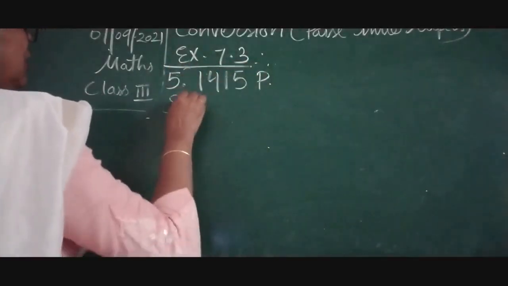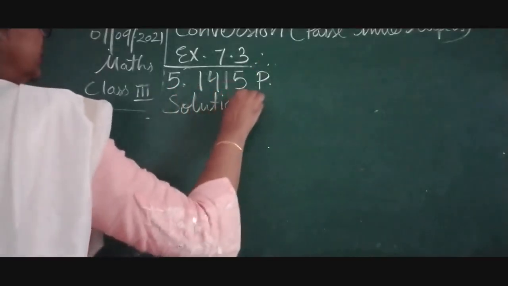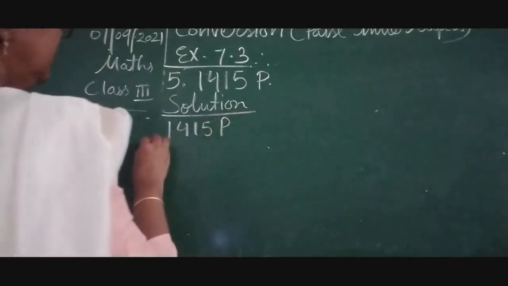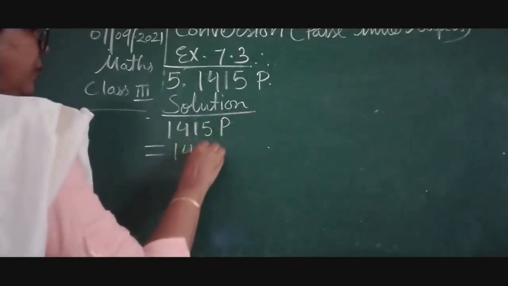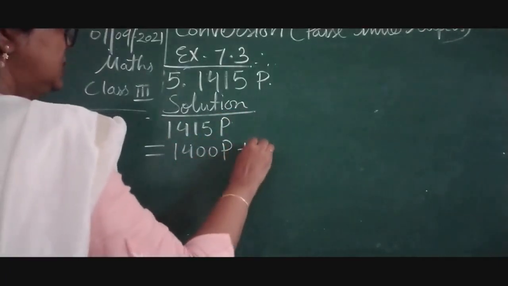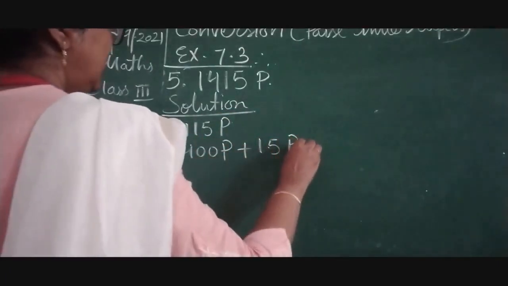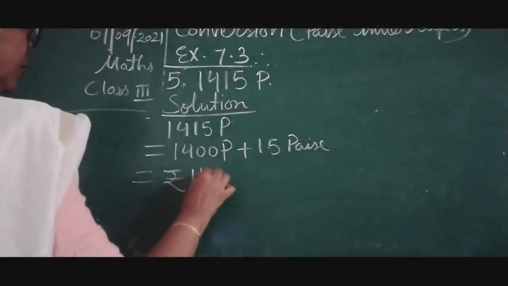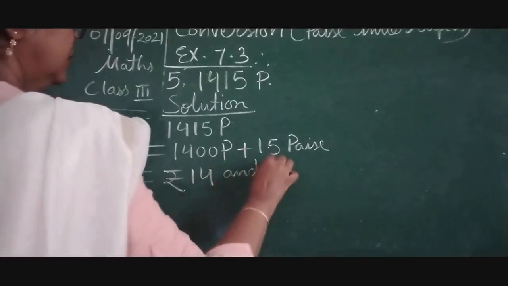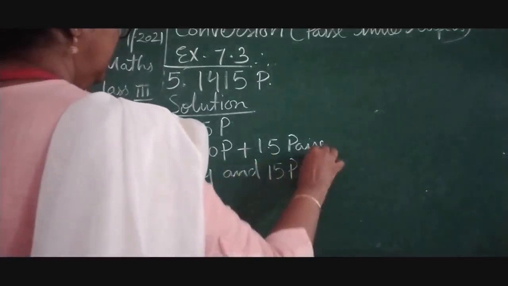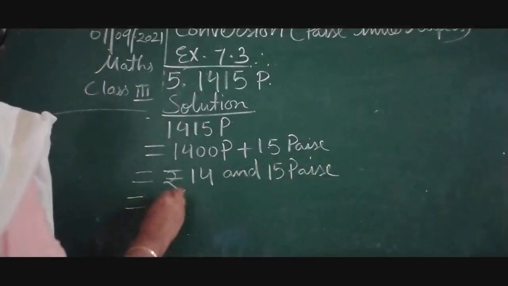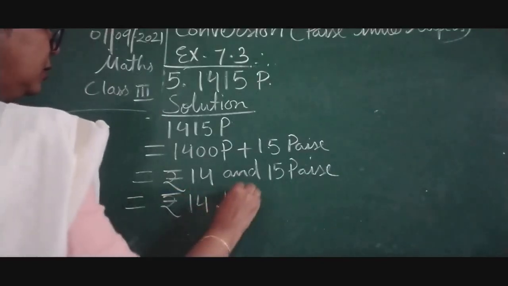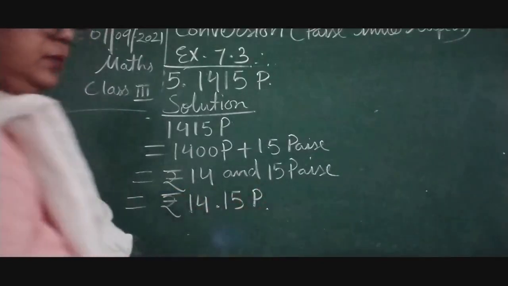Solution: 1415 paise equal to 1400 paise plus 15 paise equal to rupees 14 and 15 paise equal to rupees 14.15 paise.